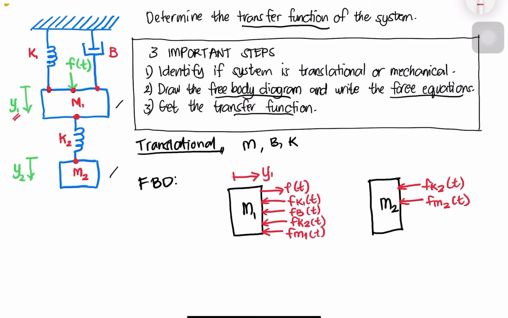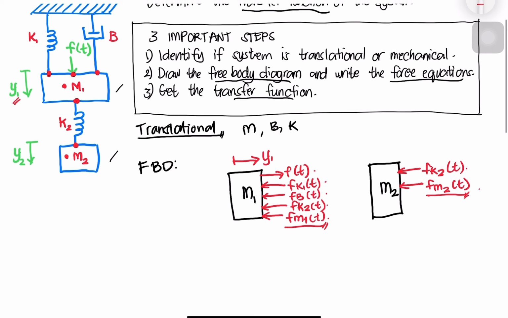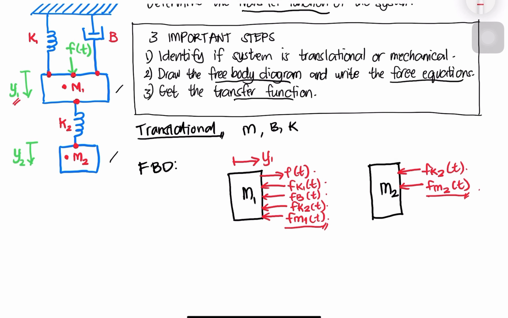As a hint, what I do so that I won't forget this FM1 and FM2 is I draw a dot here as well, so I can include that. To check, I count all the dots connected or that's within the box, and I count these forces here in the free body diagram. So it's very important that you get the correct free body diagram because that will be the basis in getting the force equation.